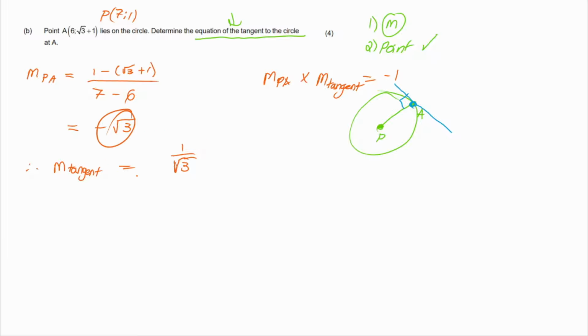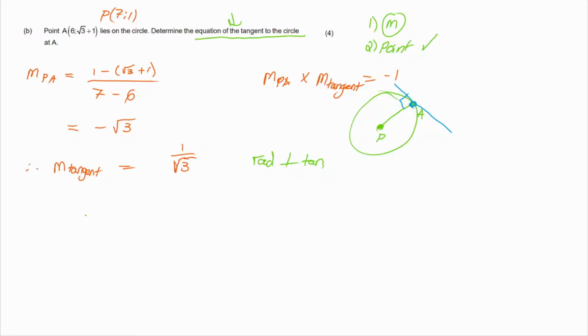They're just negative inverses of each other, so you can check using this. The reason this is true is because the radius is perpendicular to the tangent.